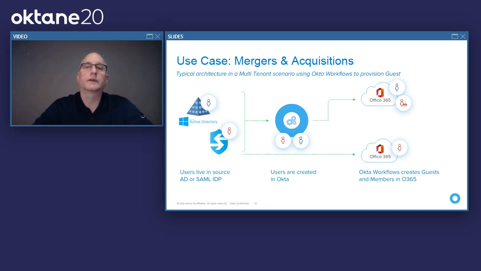So when Rick logs in for the first time into Okta, then we would put him in the group with a group rule that provisions his guest account. His Office 365 account, his member account in partner.com's tenant, is managed completely separately from the guest account in Office 365. So his traditional way of logging in continues without any interruption.